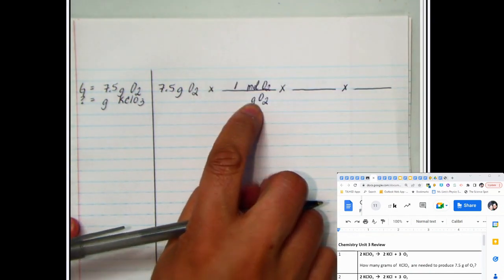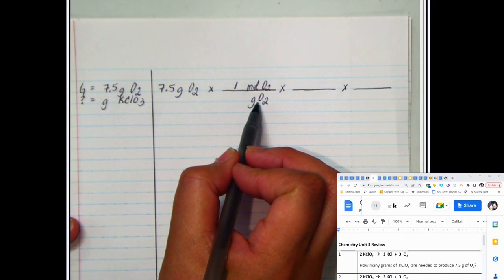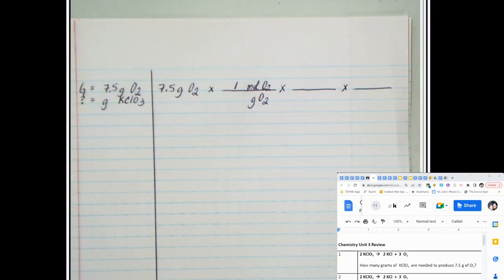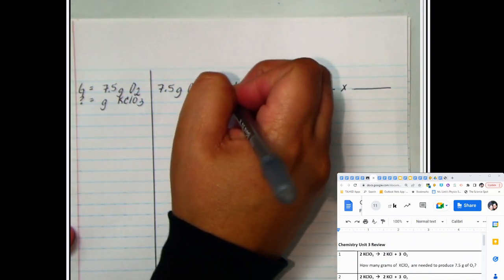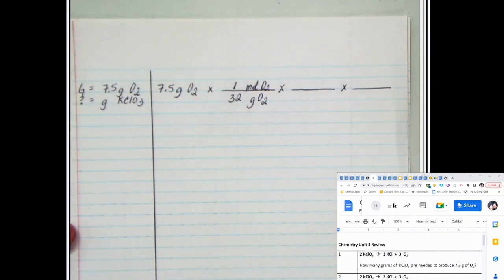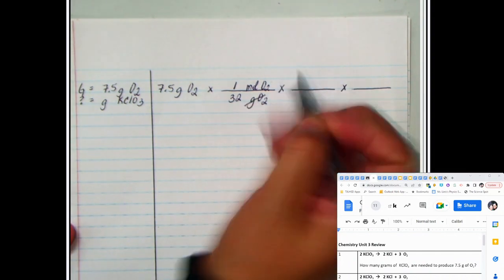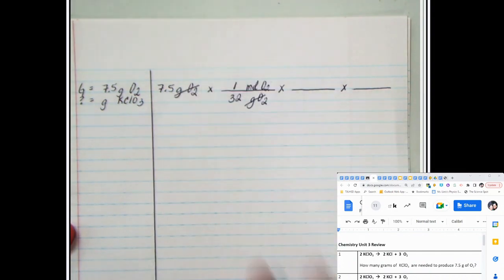For your grams, you need to look up oxygen on the periodic table. What is the mass of oxygen? 16. It's 16, and we have 2 of them, so 16 times 2 is 32. So we have 32 grams of oxygen. All right, and that's going to take care of our first line.